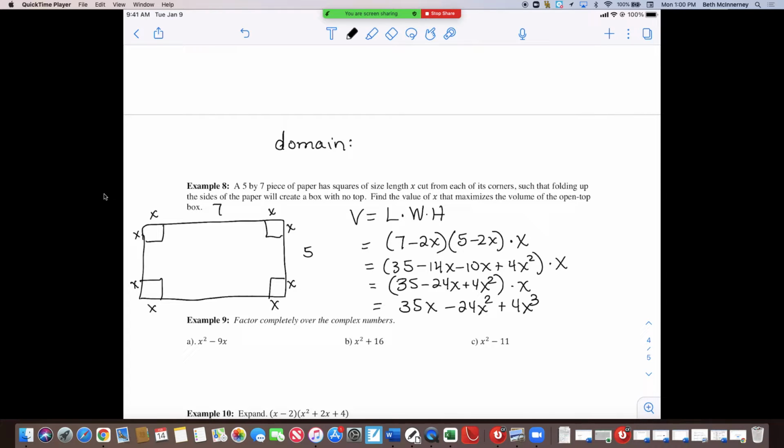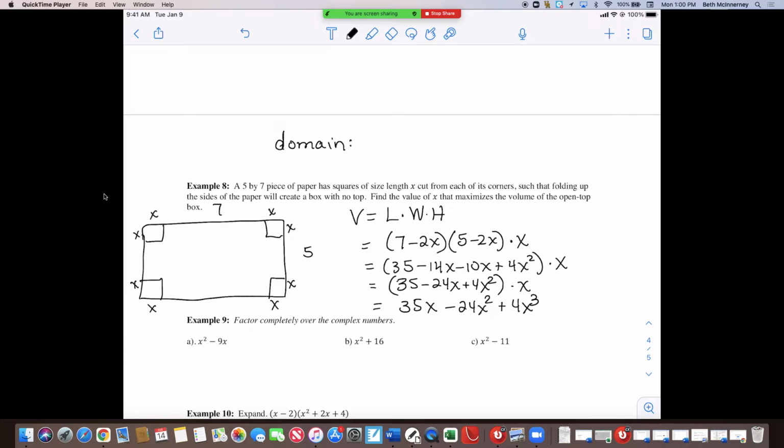So what's domain? Yeah, it's the allowable x values, okay? So I want you to think about this. Could x be 0? No, because that means you'd have no height, right? X is the height. The x value I cut off is what I would fold up. So this has a height of x, so it can't be 0, okay?